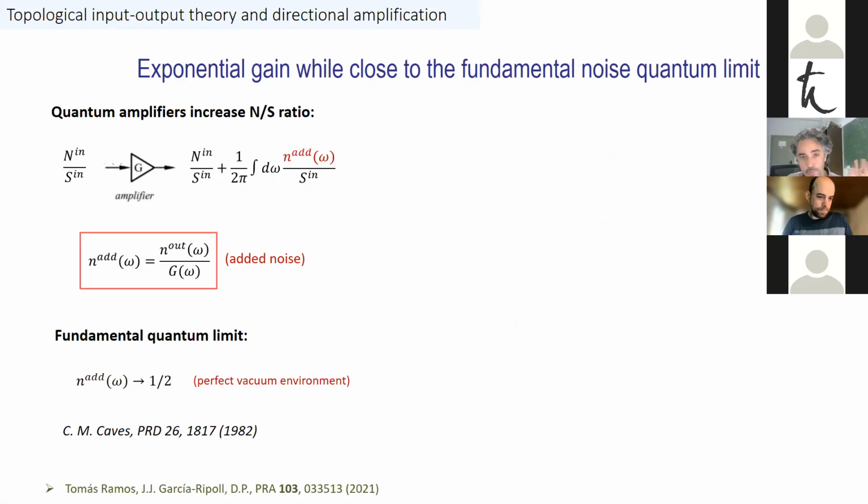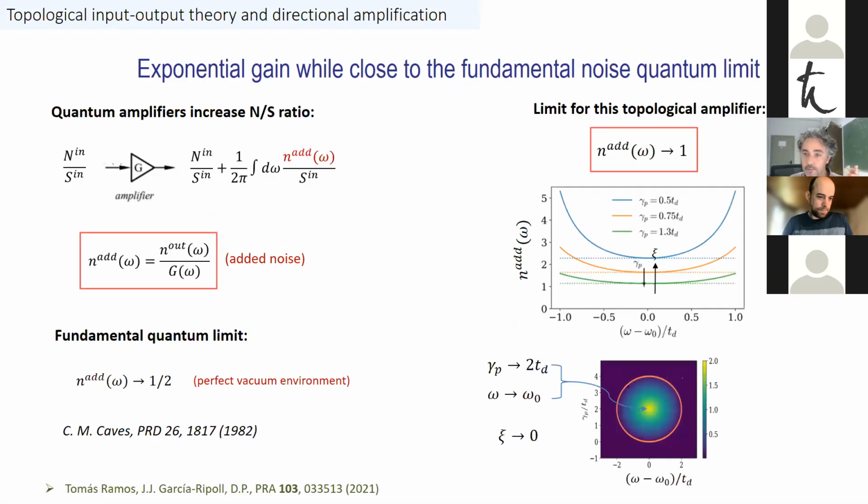You can also use this formalism to calculate noise in the system. Remember that this input-output formalism is a quantum formalism, so we can calculate now fluctuations as well as mean values of observables. And you can find the details in the paper, but just to summarize what we have found for this particular model: in the limit of exponential directional amplification, we find that added noise remains close to the quantum limit.